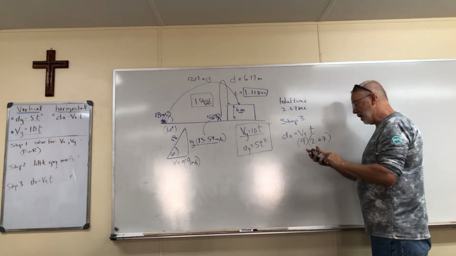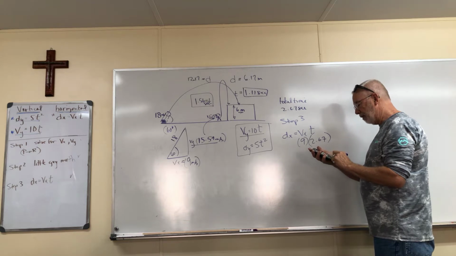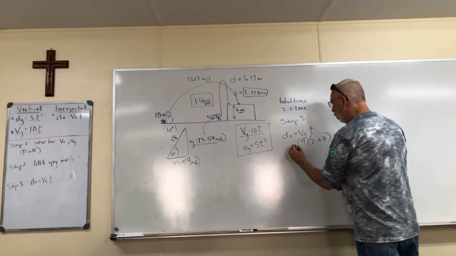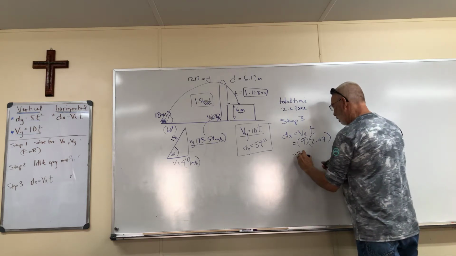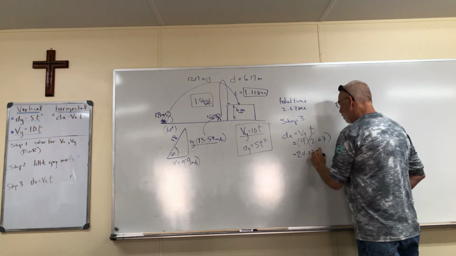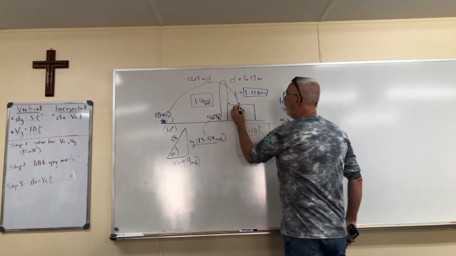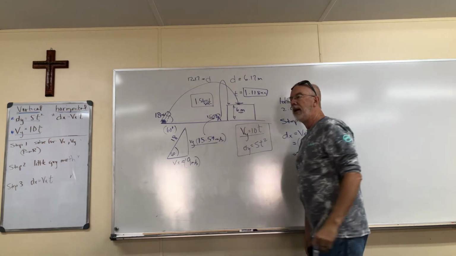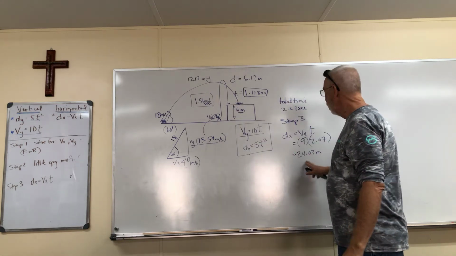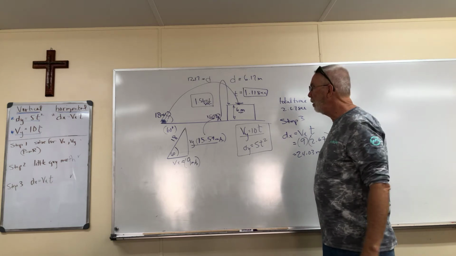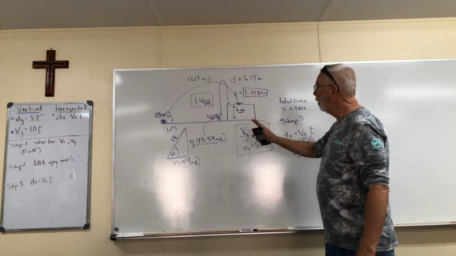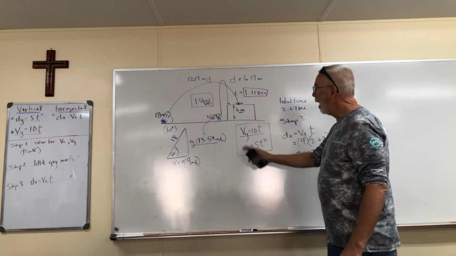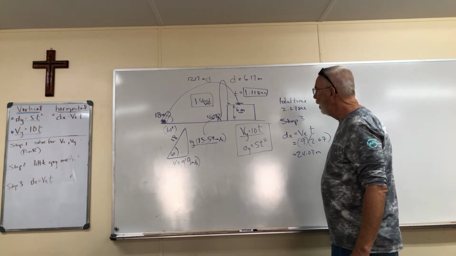So 9 times 2.67 equals 24.03 meters. So that when that cannonball lands on top of the building, it will have traveled horizontally 24.03 meters. We've got highest point, we've got total time in the air. I think we've pretty much solved for the whole thing.